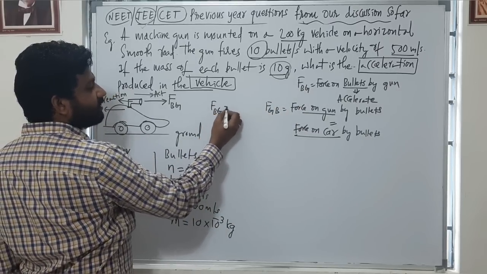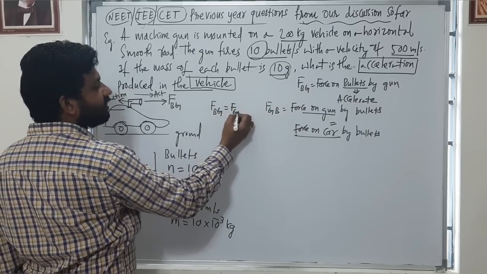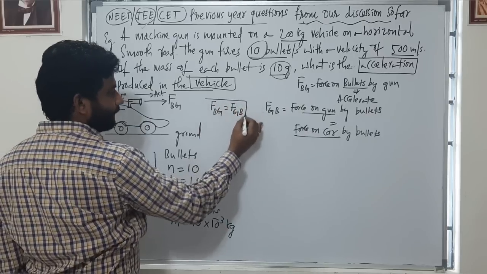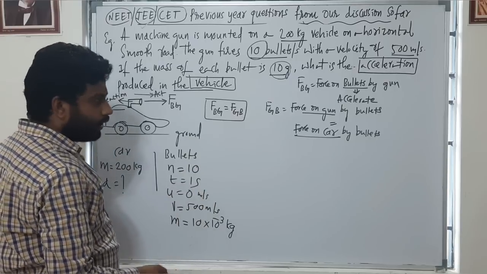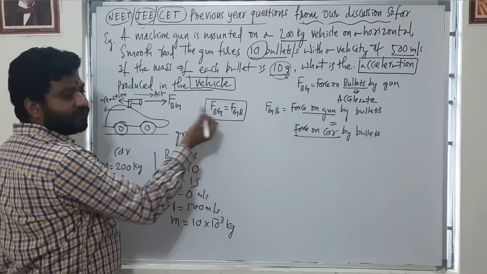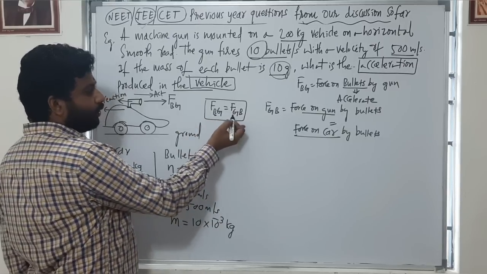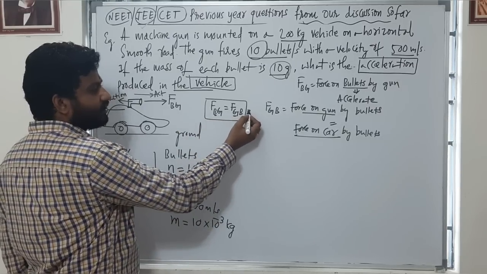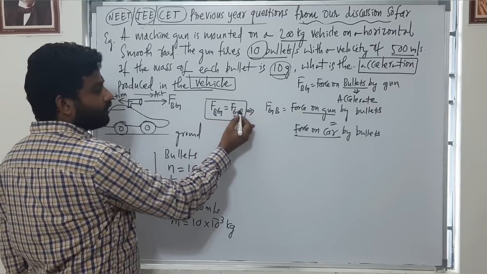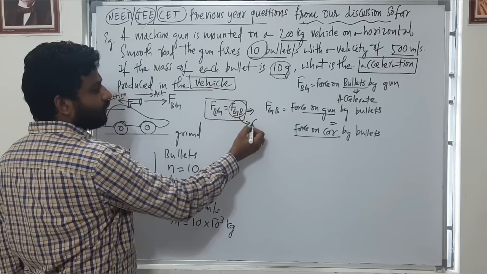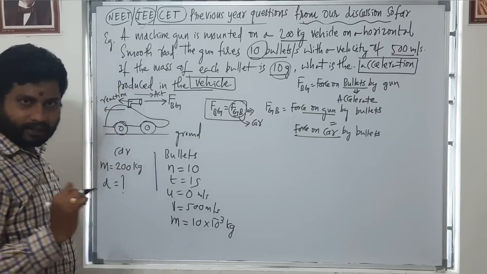F suffix BG is equal to F suffix GB, right? Now, what is F suffix BG? This is about bullets. This is about gun. So that means this is also about this one. I am talking about this. This is also about a car, right?